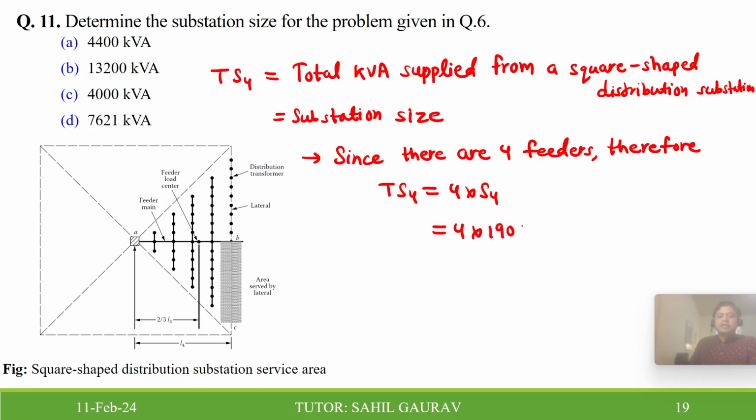S4 is given as 1905 kVA. So this will give you 7621 kVA as the answer. So D is the correct answer for this problem. So the important point for this is that TSN is equal to N into SN.